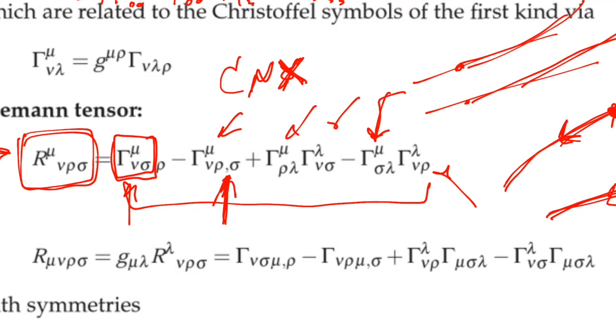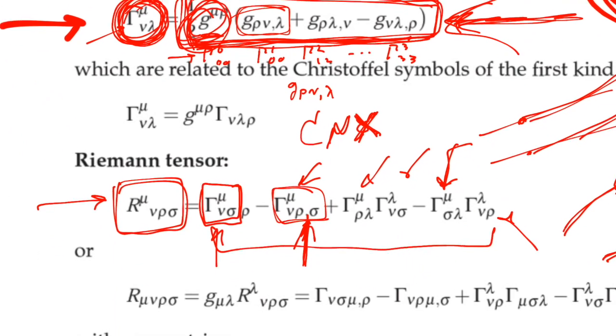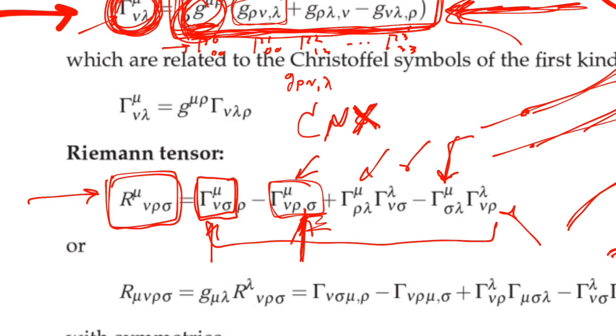Because here you're taking, let's blow it up. This is the derivative of the Christoffel symbol, the first derivative of the Christoffel symbol. But buried in that, the Christoffel symbol itself has the first derivative of the metric. So ultimately, you're going to have a term that depends on g with indices nu, lambda, and then if you were taking this derivative here, there'd be a sigma in there.